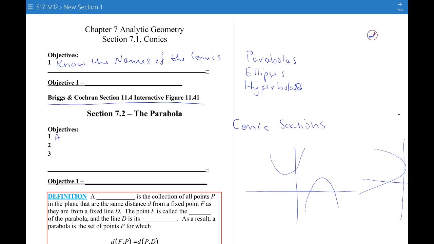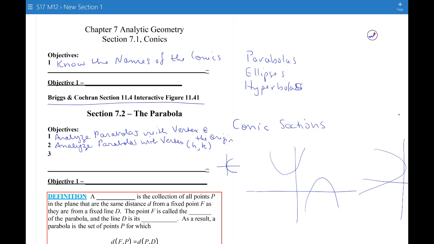So the first thing we're going to do is analyze parabolas. To keep things simple at first, we're just going to look at parabolas that have the vertex at the origin. Then we're going to analyze parabolas that have been shifted until the vertex is (h, k).